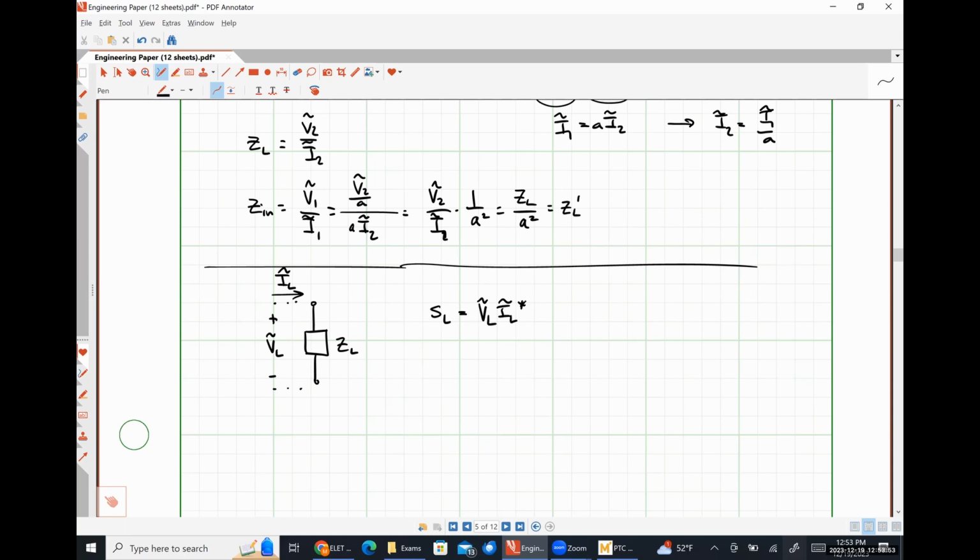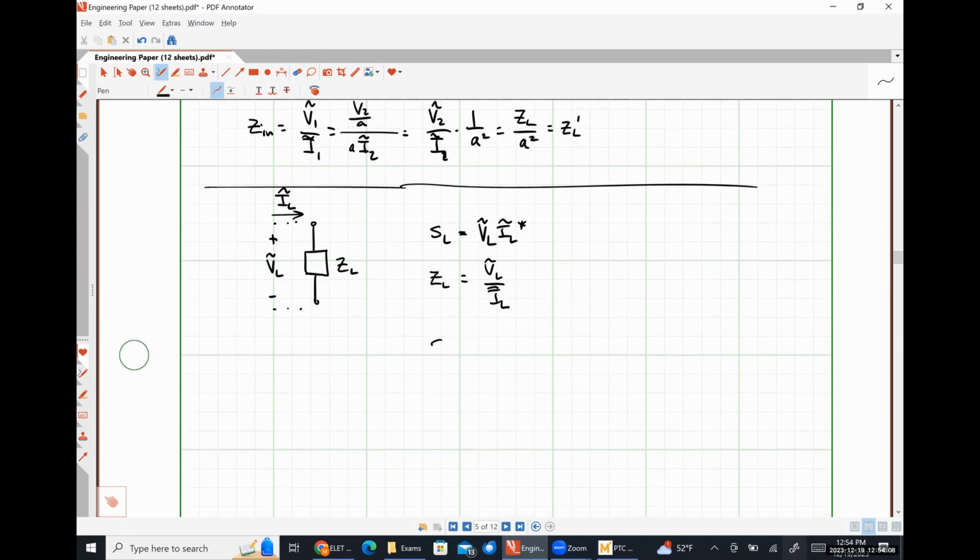I also know that ZL is equal to VL over IL. Okay, this is nothing more than Ohm's law.